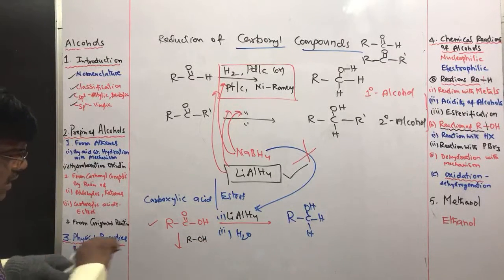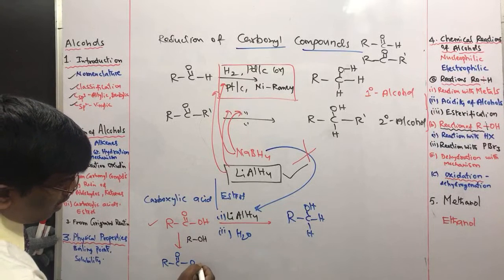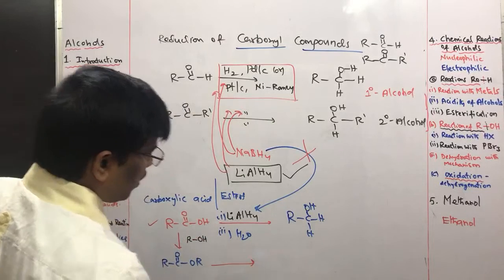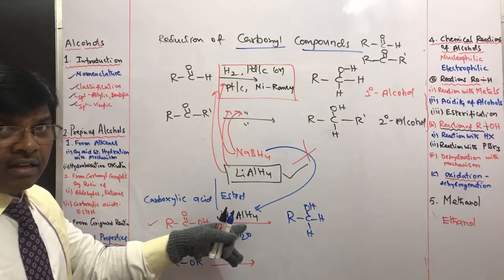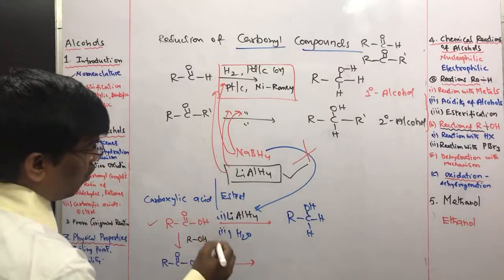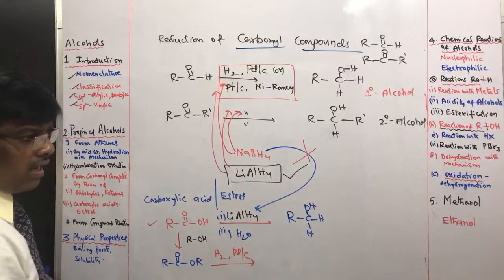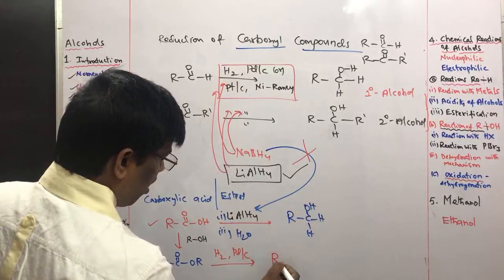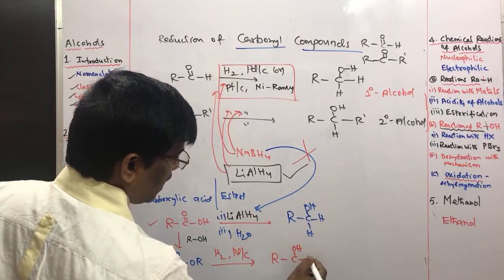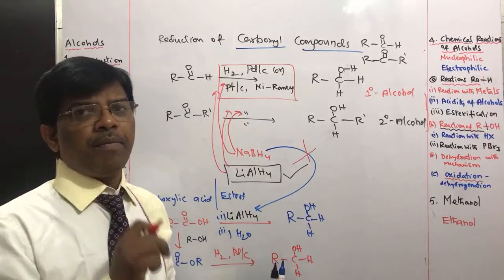You are going to get this ester, COOR. For this ester, you can use lithium aluminum hydride, but since it is costly, you can go with hydrogen, palladium on carbon reduction to get the same alcohol, RCH2OH, in a two-step manner.